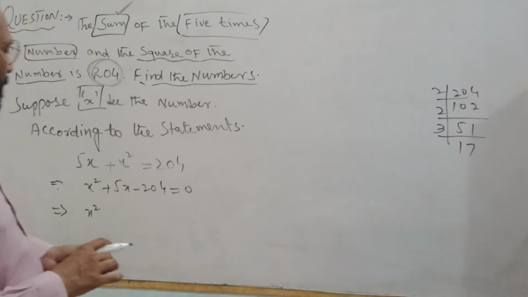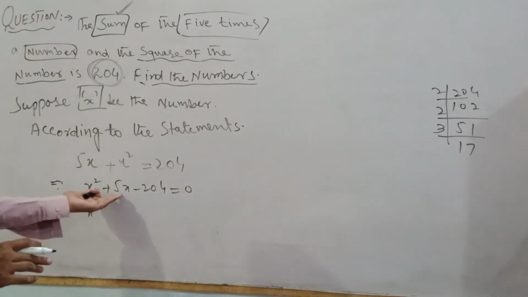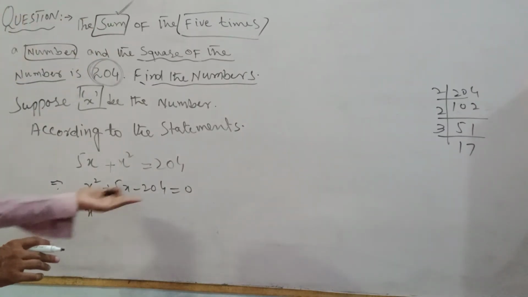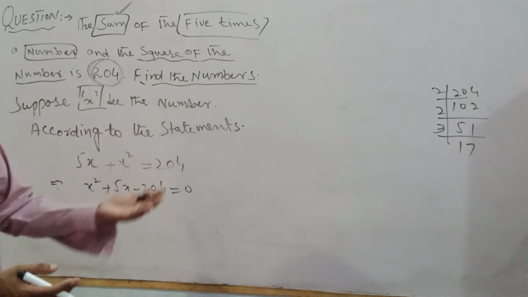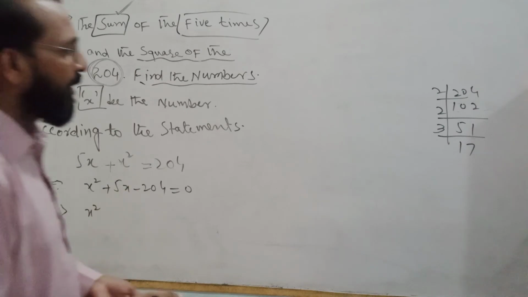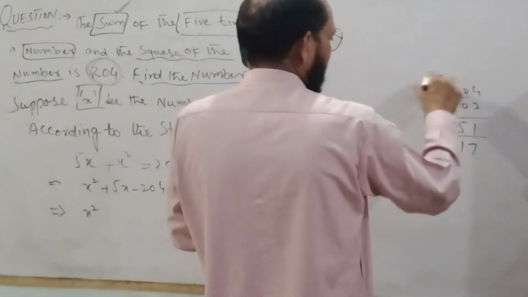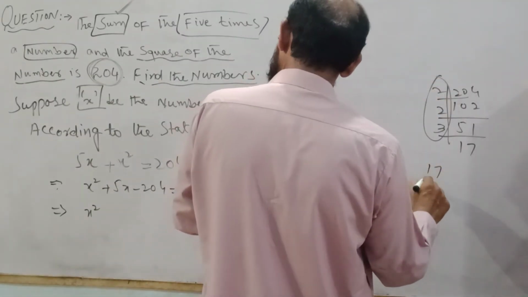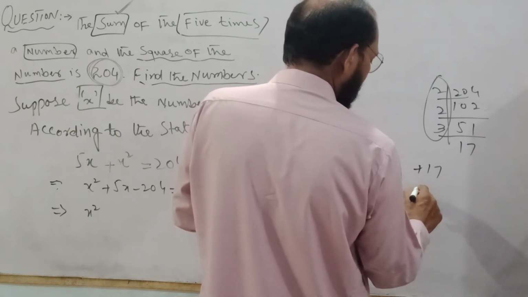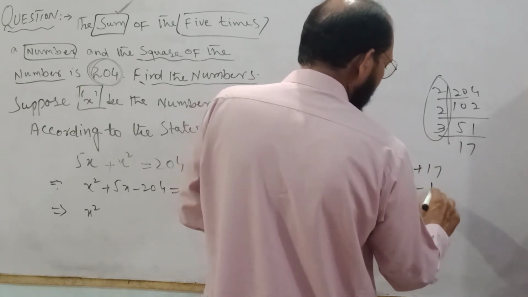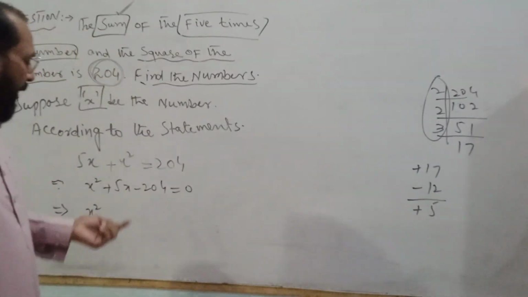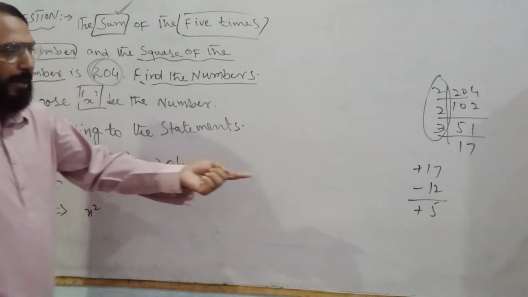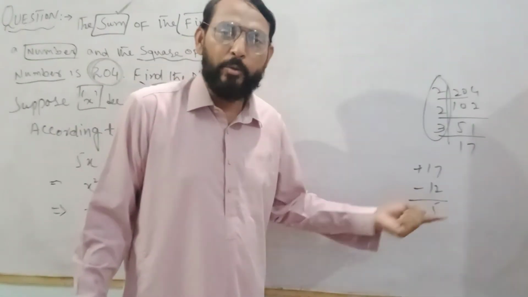Okay. We have here 5. So we take two factors, and by subtraction and addition we get the final 5. So we multiply 12 and 17, where 17 has the plus sign and 12 has the negative sign, and their difference is 5. So we drop 5x and we can write 17x and negative 12x.